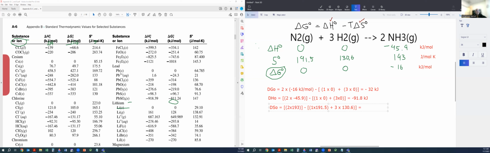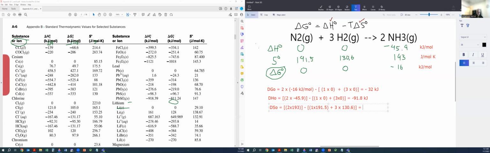So 193 times 2, minus 191.5, minus 3 times 130.6.